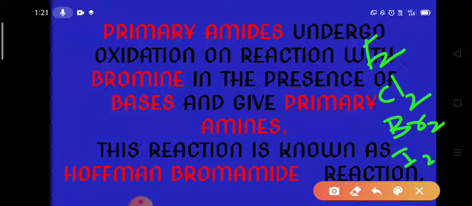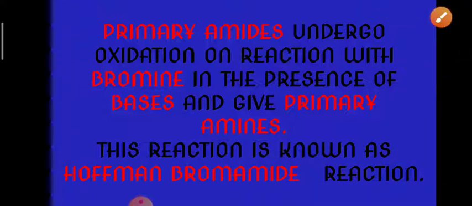In Hoffman bromamide reaction, we can employ bromine or we can employ chlorine, but in most cases we use the bromine as the oxidizing agent. So that's why we call this reaction the Hoffman bromamide reaction. In this reaction, amides undergo oxidation and give the amines.